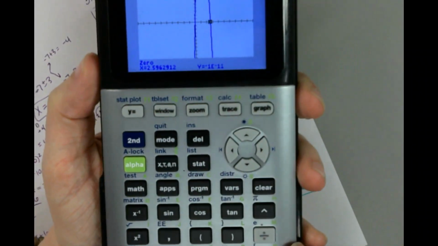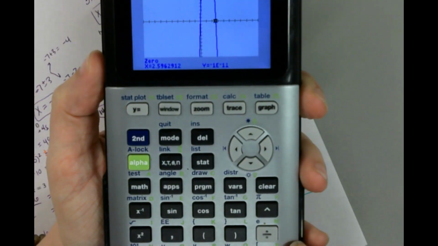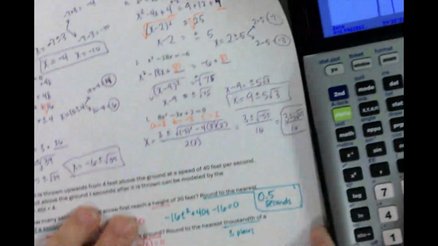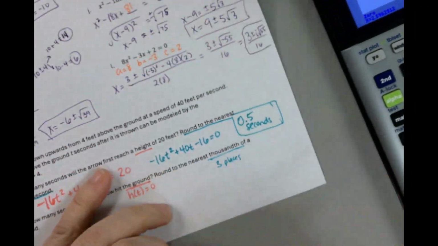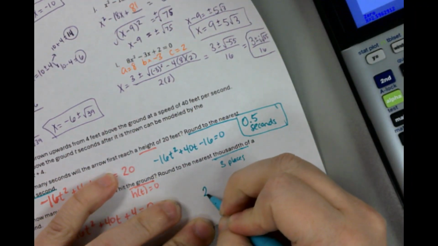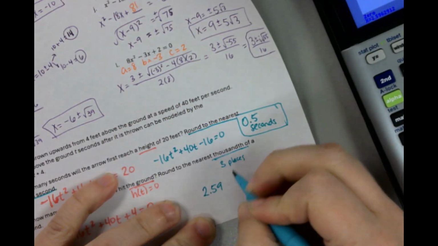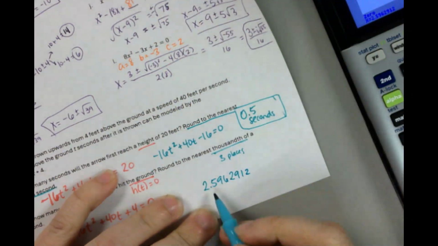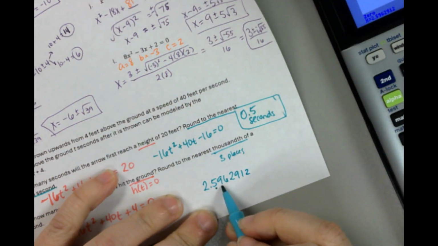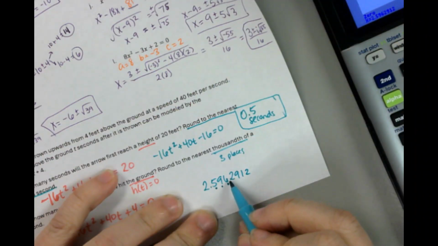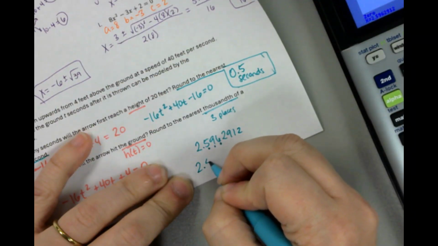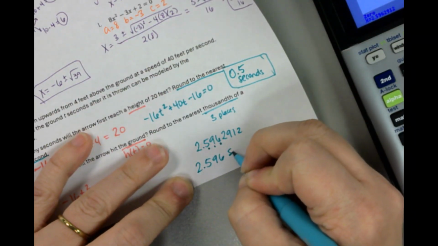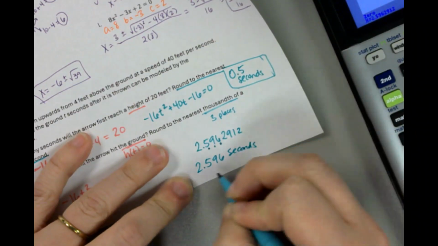Hard to see. 2.5962912. I'm going to write out the whole thing so that I can just show you, not the whole thing because it's irrational. 5962912. I have my tenths, my hundredths, my thousandths. 2 is not big enough to move that up to a 7. So 2.596 seconds when it hits the ground.